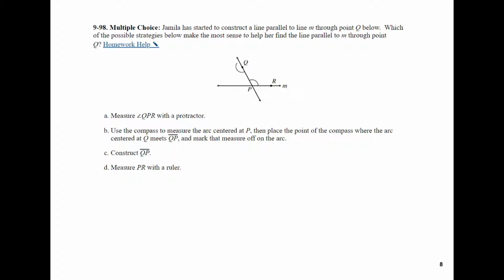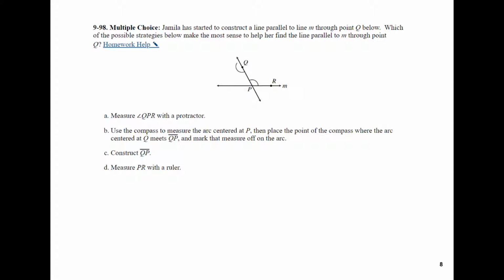9-98, multiple choice. Jamelia has started to construct a line parallel to line M through point Q below. Which of the possible strategies below make the most sense to help her find the line parallel to M through point Q? Measure angle QPR with a protractor.